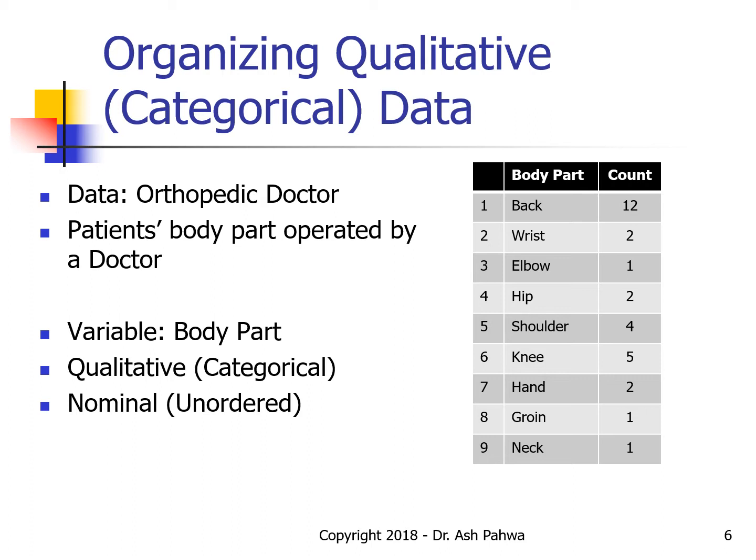As you can see, the body parts comprise the categorical data because it divides the data into different categories, and the category name, of course, is the body part. And the second aspect here is a count, the number of surgeries that have been performed. This is our quantitative data. Now we are going to plot our data in a bar graph, which we will see in the next slide.